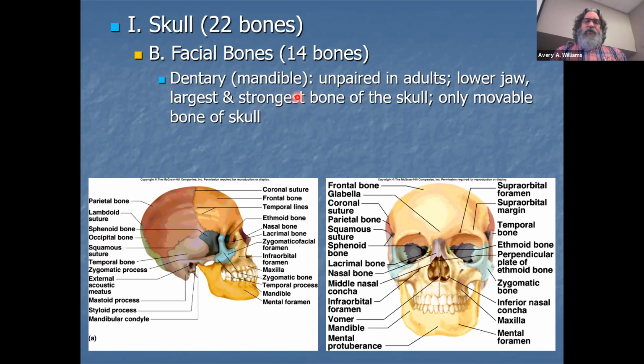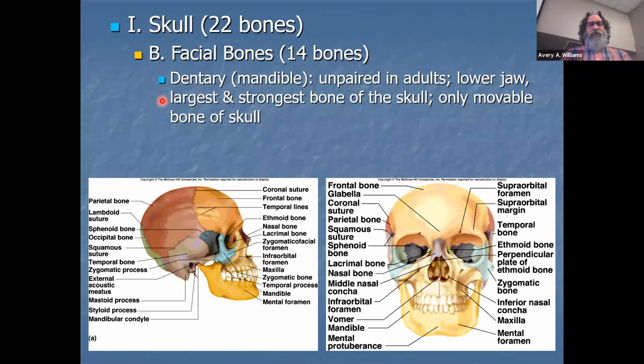And your book actually calls it the mandible. See? Mandible. But that's not the name of the bone. The bone that's in your mandible is the dentary bone, and that's how I teach in all my other classes. Dentary, which means teeth.